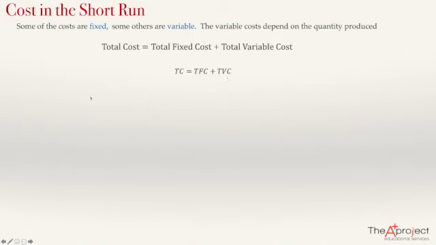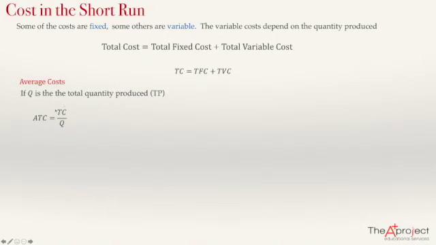There will be other concepts. For example, the concept of average cost. If Q is the total quantity produced, then the average total cost will be TC divided by Q. So the total cost divided by the quantity produced. Again, we see that this is a function of the quantity produced.